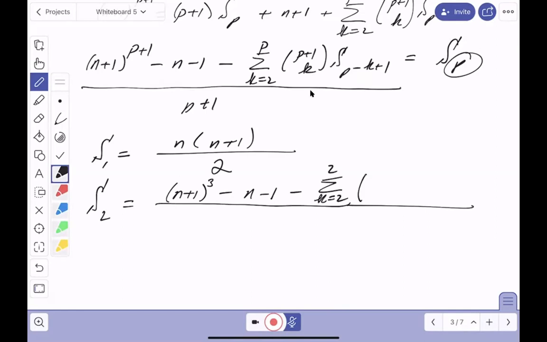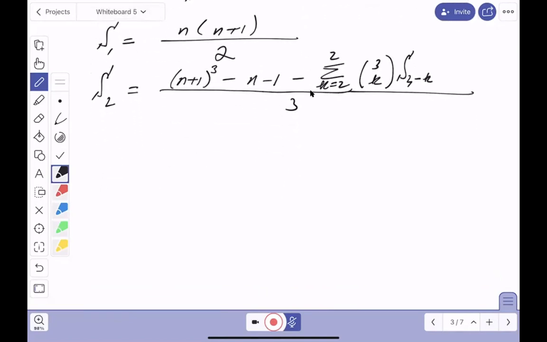What do we get here? This should be 3 k, S. Well, it's going to be P, which is 2 minus k plus 1. So it's 3 minus k, right? Over what's P again? P is 2 over 3, right? It's tough. I'm not saying it's easy. So what's S2?